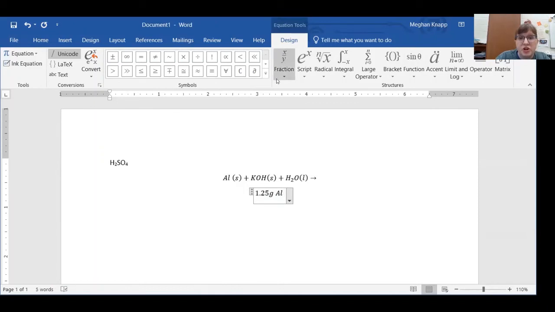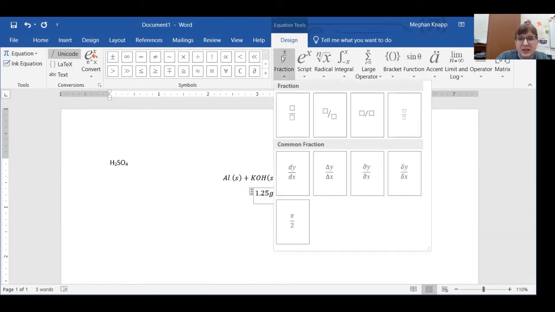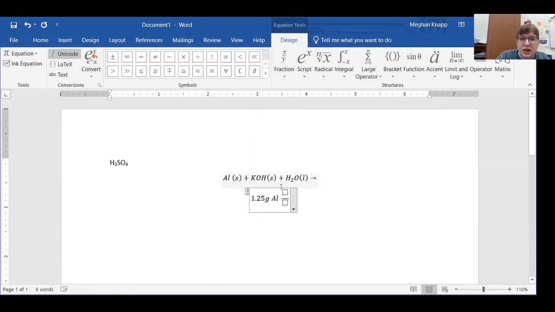I'm going to go to where it shows the fraction, and you have different styles. If you're just writing units, you might use the second style or the third style. But if you're trying to write a fraction, you can put it this way. I'm going to multiply this on top by 25 cents on the top, and I'm going to put my 1 gram on the bottom.